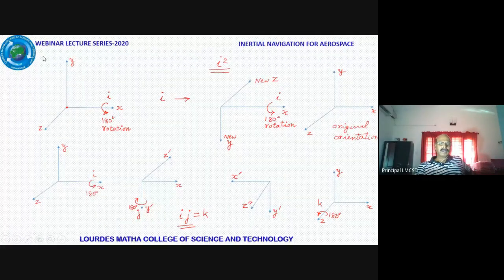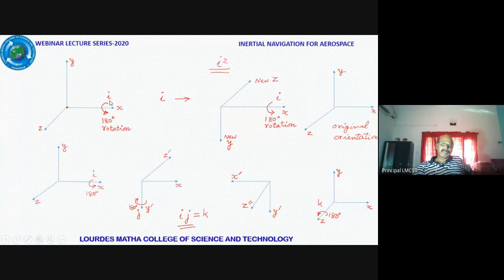You see, there is an X, Y, Z frame. I make a positive rotation about the X-axis by 180 degrees, and that is signified by i. Our usual complex number i was a rotation of a vector by 90 degrees.